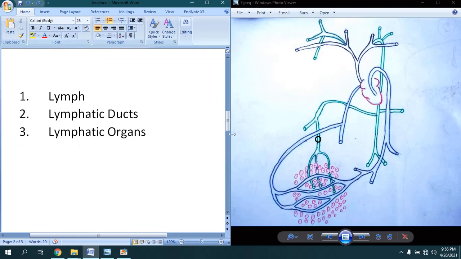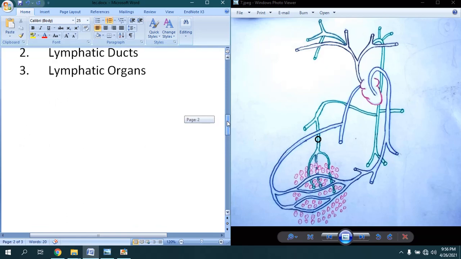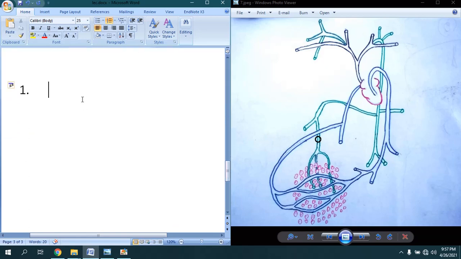There are three main functions of the lymphatic system. Number one, the drainage of interstitial fluid. Interstitial fluid is drained through the lymphatic system, or through the lymphatic duct, into the general circulation.